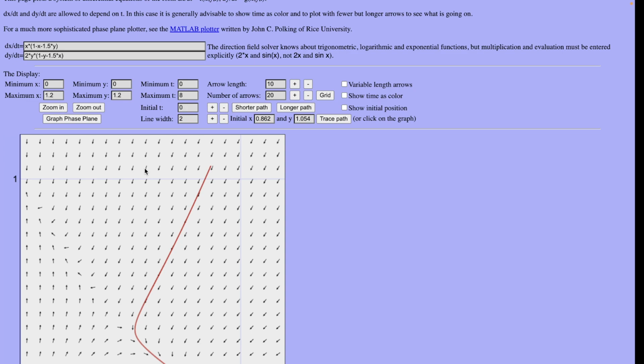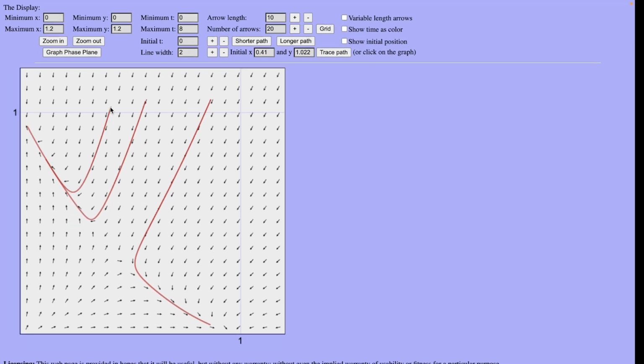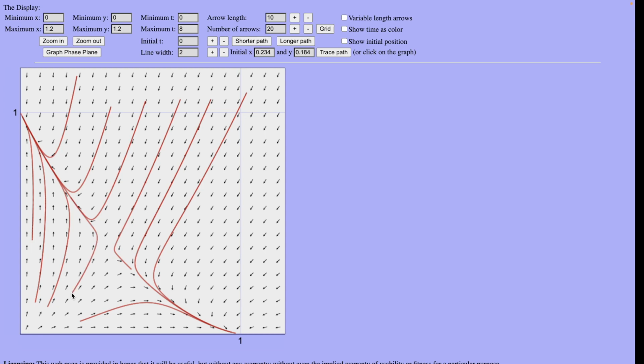We draw the trajectories. All trajectories go to the point (1, 0), because (1, 0) is a stable node for the case alpha greater than 1, beta greater than 1.